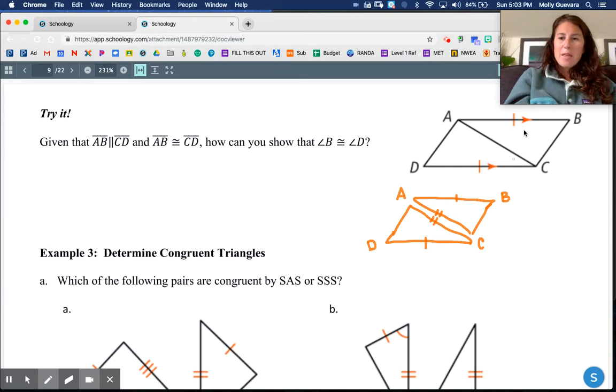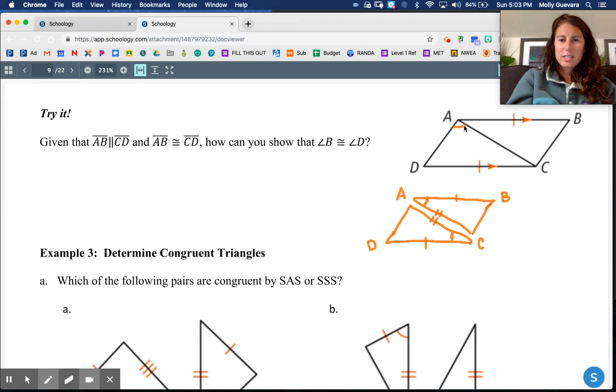Okay, and then I also have this information that AB and DC or CD are parallel. So if they're parallel by alternate interior angles, I can say that this angle and this angle are equal, right? Is that okay, right? Alternate interior angles.